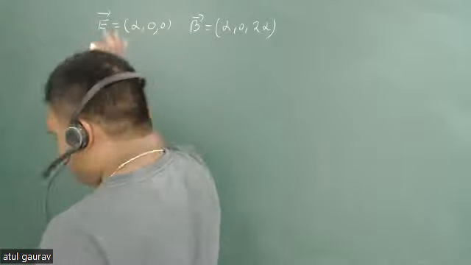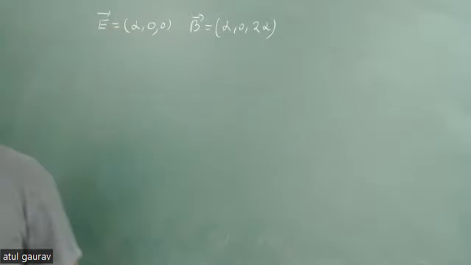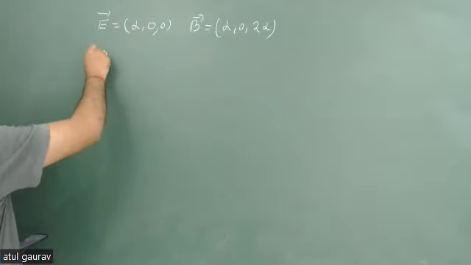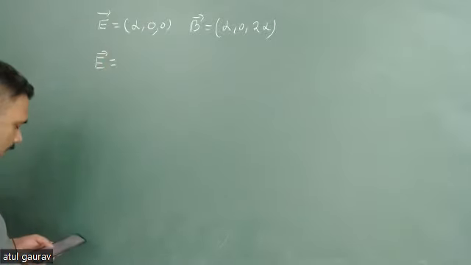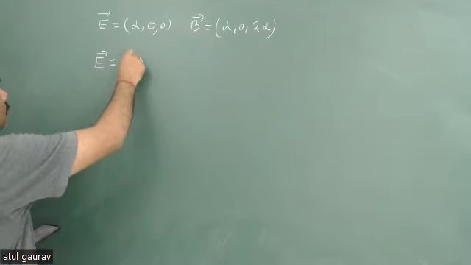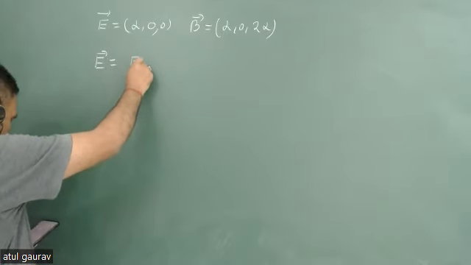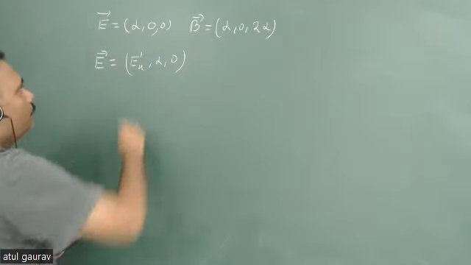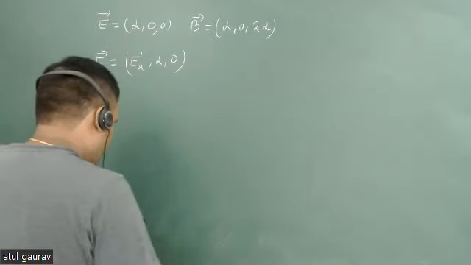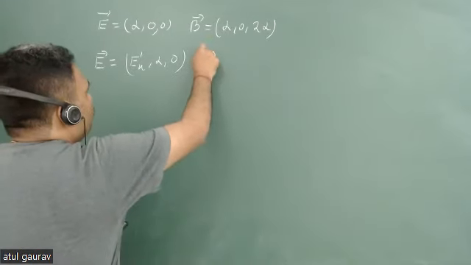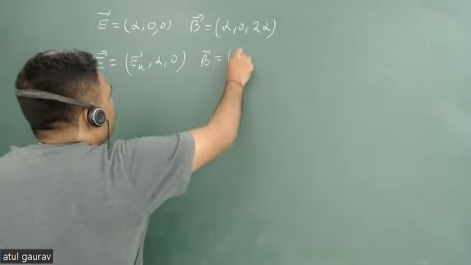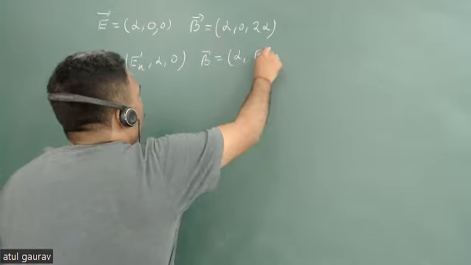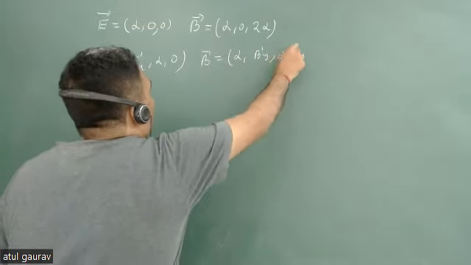From one frame, let's say any frame, that is an inertial frame actually, and from another frame you have the electric field vector as Ex dash, alpha, 0, and the magnetic field as alpha, By dash, alpha.